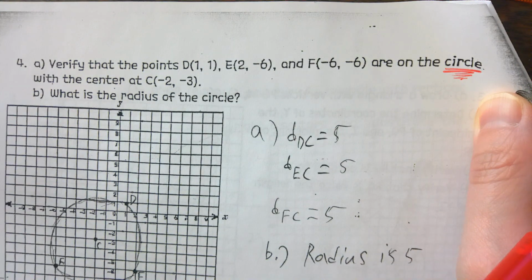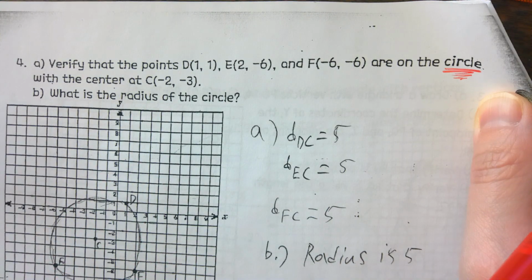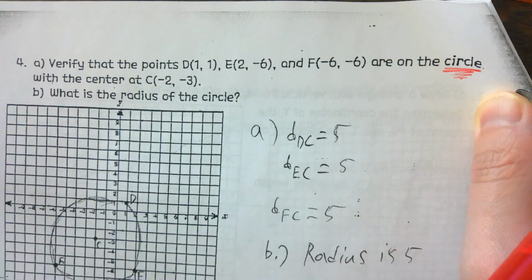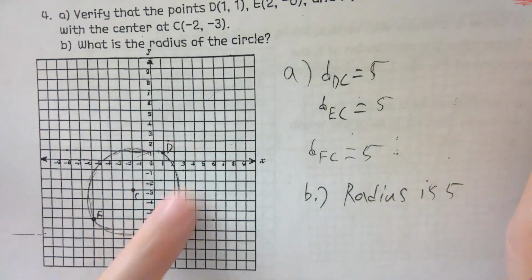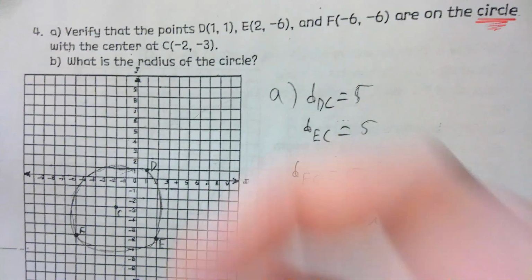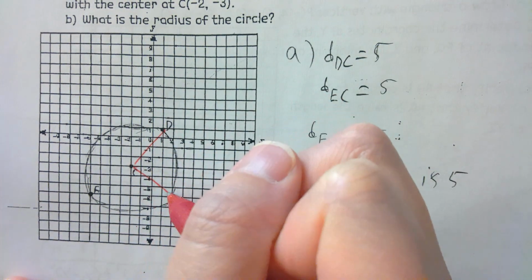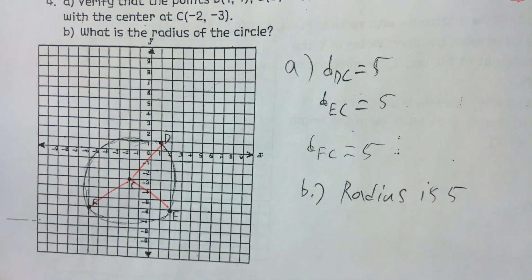So to verify that it's the center, there's 2 ways that you could do it. One way is you could find the equation of the circle, and then plug this in. Or second way is you know that the distance between each of the points to the center should be the same.